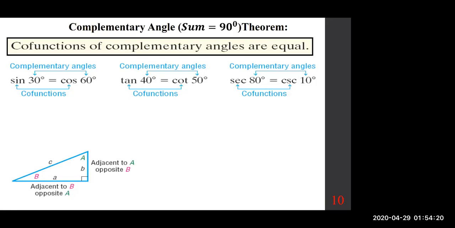And it's easy to see that from the figure, okay? As you can see, if you look at this picture, A and B add up to 90 degrees. So they are complementary angles. I hope you remember the definition of complementary from geometry, okay?